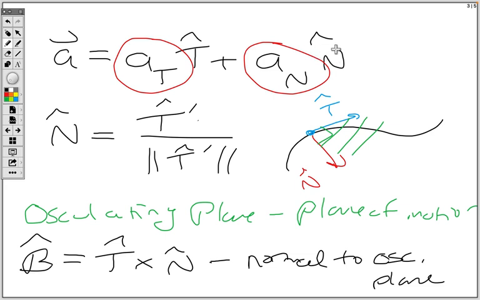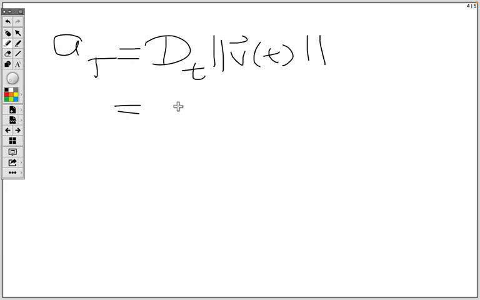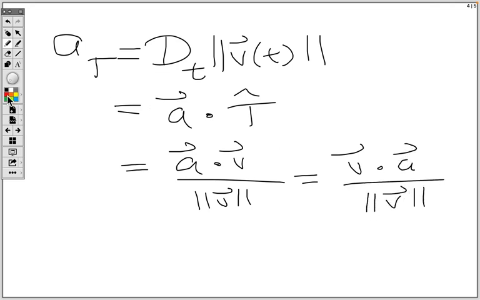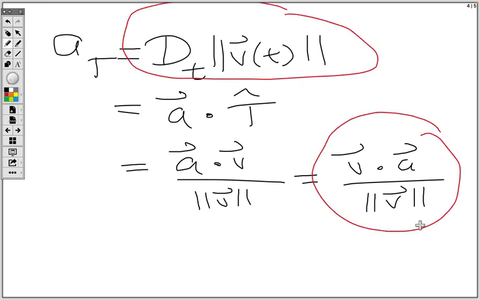The t hat dot n hat would give you 0 because they're orthogonal, and you can get AT that way. So literally, how much of the acceleration is in the t hat direction? T hat, though, is the velocity divided by the speed. So you could use properties of dot product to get you to here, or you could write it this way because dot product's commutative. So this is usually a popular formula depending on what you're given. This is also usually a popular formula for the tangential component.